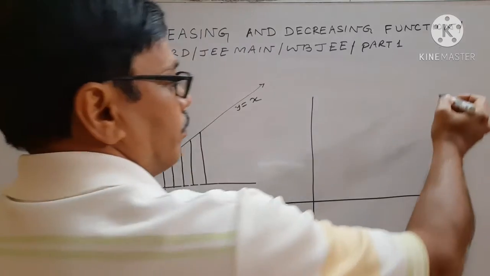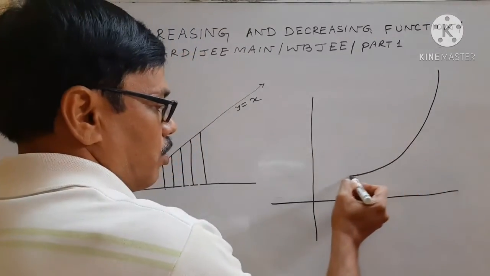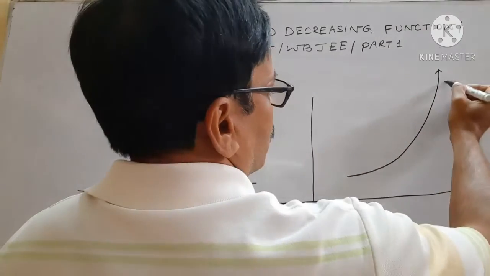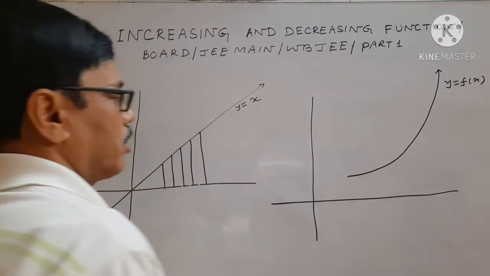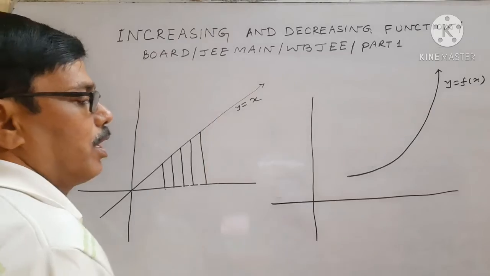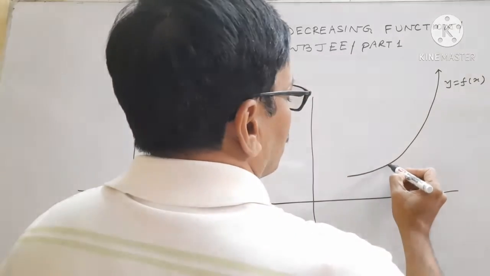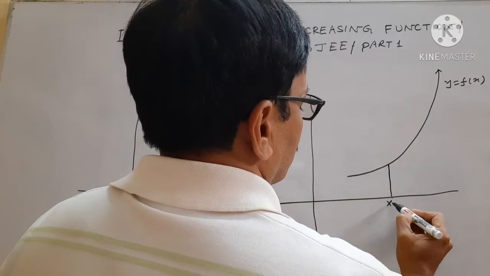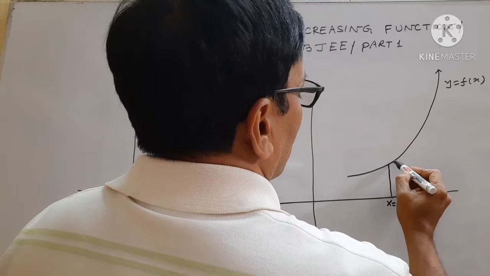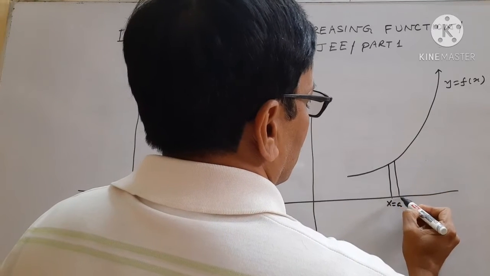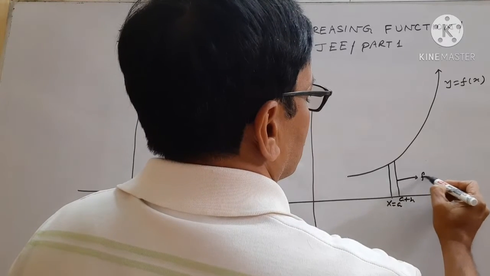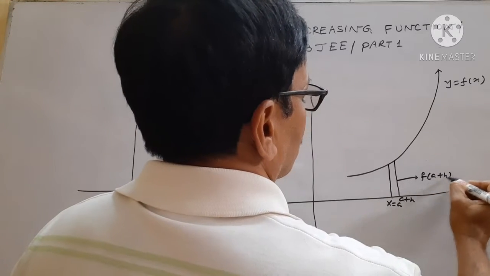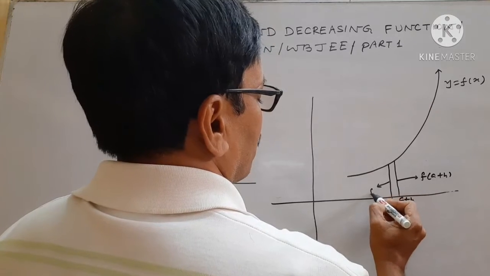Now in general, suppose this is y equals f(x). We do not know the nature of f(x). It may be of any curve. So this is x equals a, and this one x equals a plus h. So this is f(a plus h), and this is f(a).